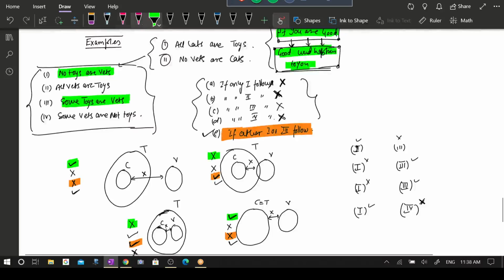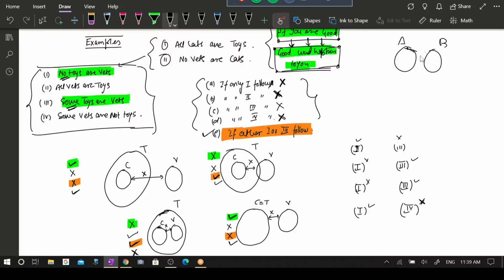If you see a no statement in the conclusion, you would also try to see a some statement, because you have to understand either no toys are vets or some toys are vets. These are the two possible outcomes, because some has 4 possible diagrams and no has the 5th diagram.